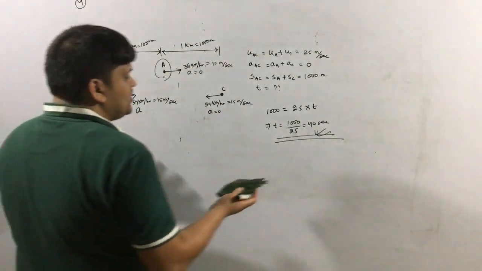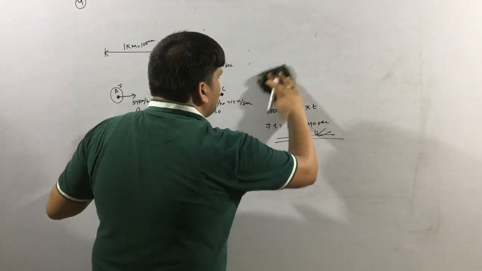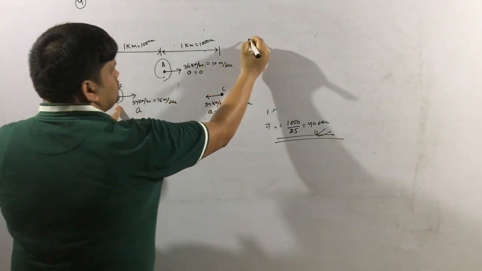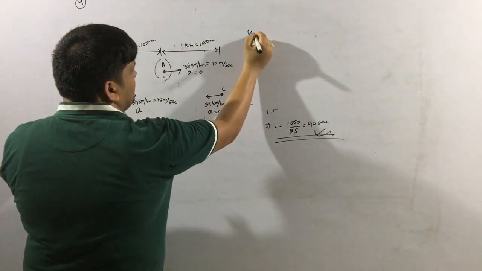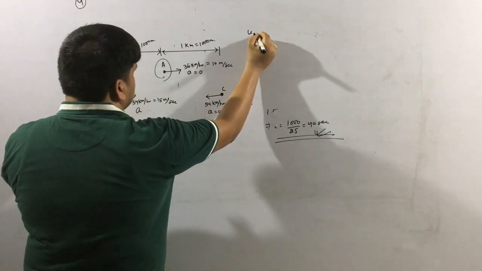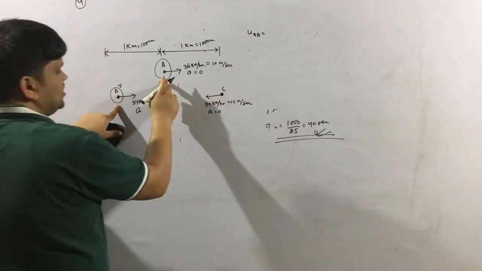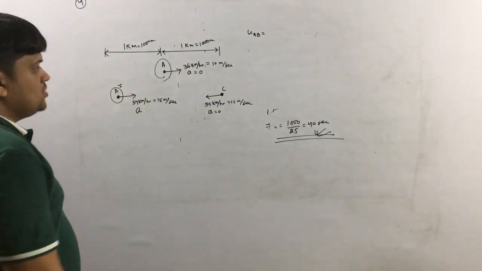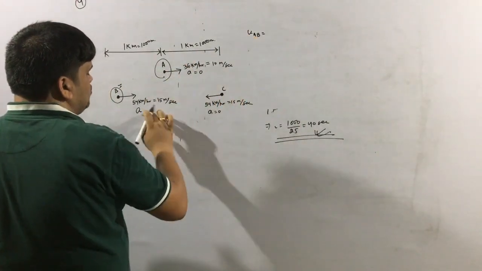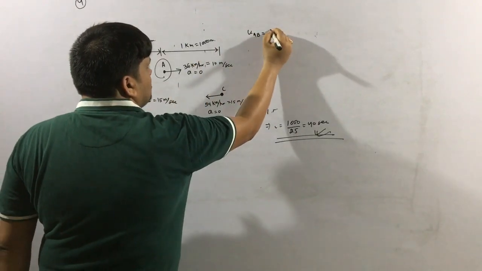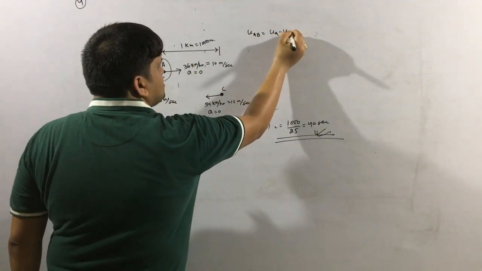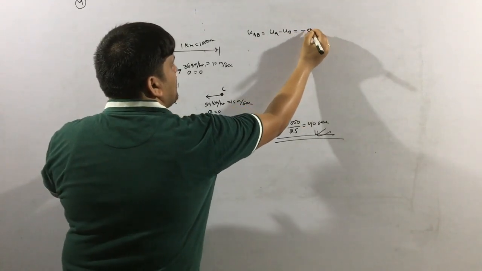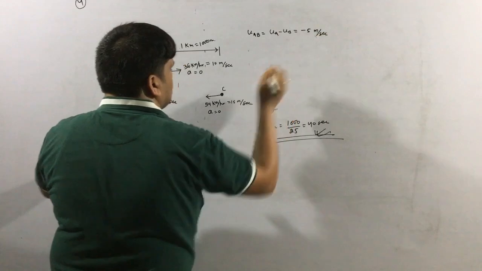So now what do we have? Forget about C and we can just check these two cars. What is the relative velocity of A with respect to B, between these two? They are moving in the same direction, so obviously you have to subtract. So the relative velocity of A with respect to B, you can write as UA minus UB, that will be equal to 10 minus 15, so minus 5 meter per second.